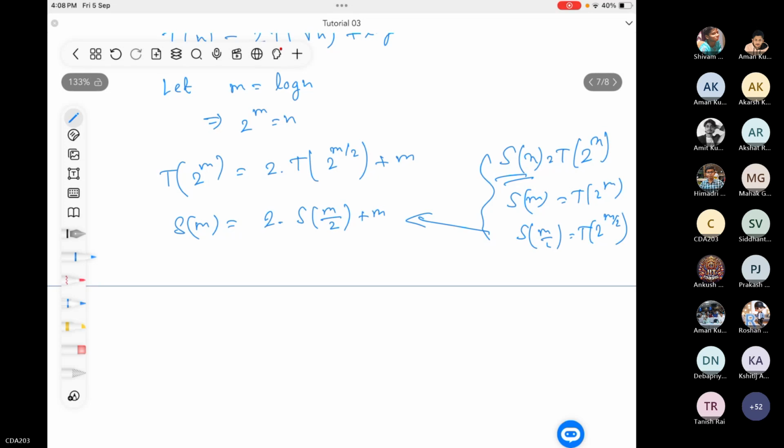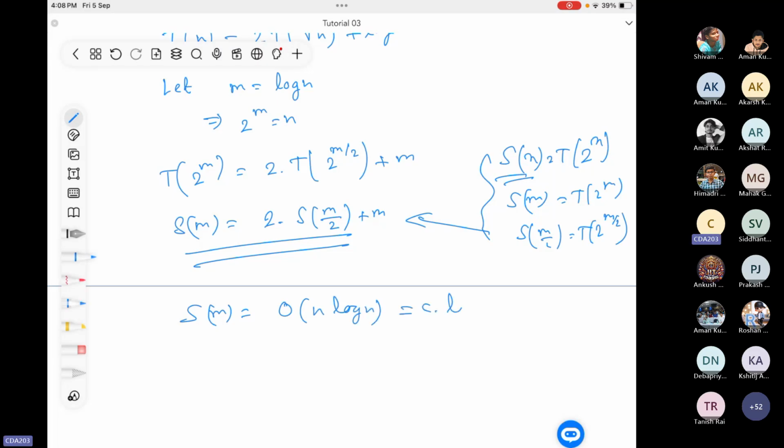Okay, from here it follows that we can write it. Now this is known. We have just solved one of this. We can write it as order n log n, that is some constant c times n log n.